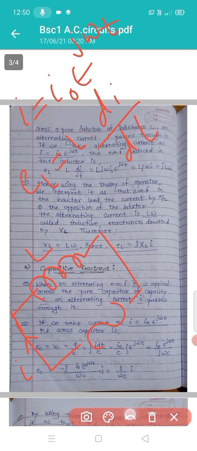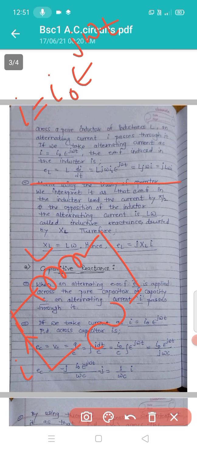Then we simplify it and derive it: EL is equal to L into di upon dt, that is equal to L into j omega I naught into epsilon raised to j omega t, that is equal to L into j into omega into I, that is equal to j into L omega I.